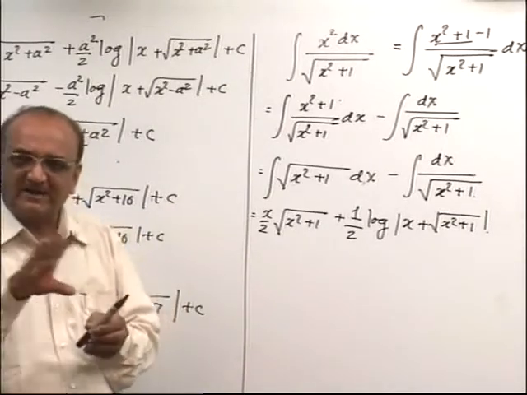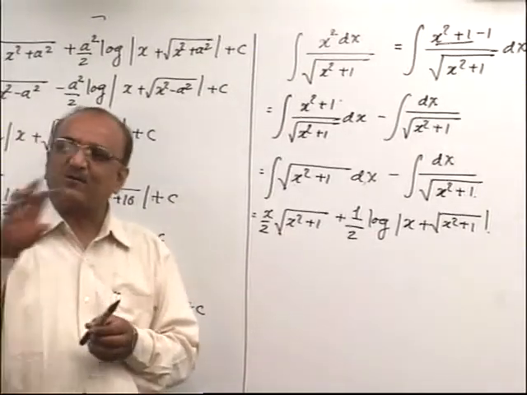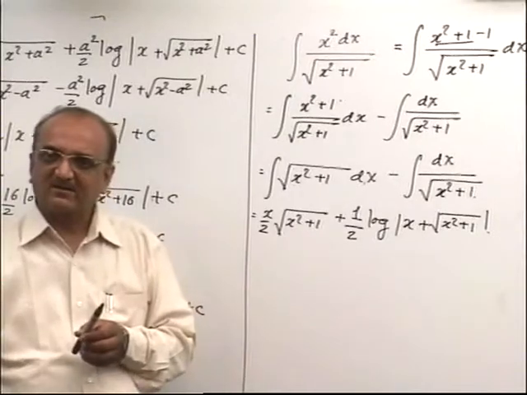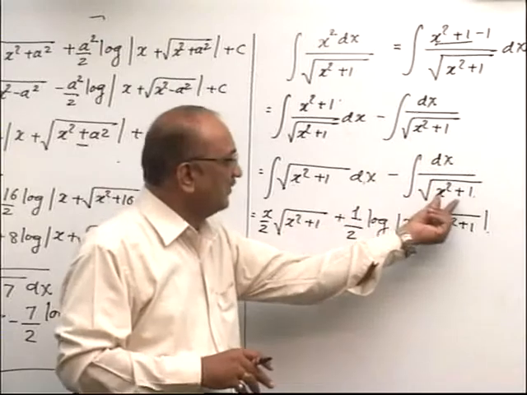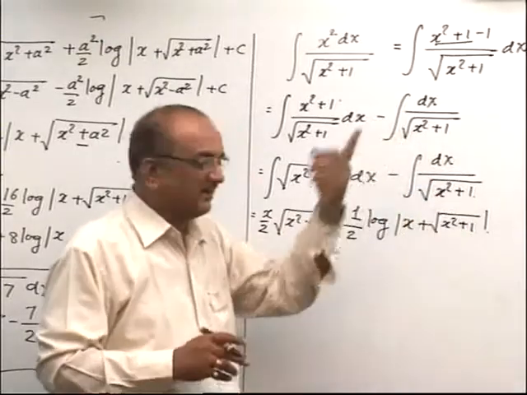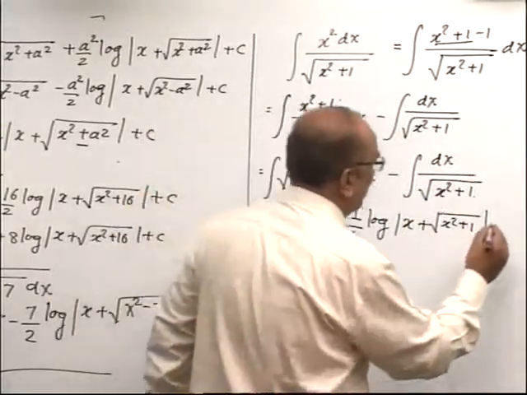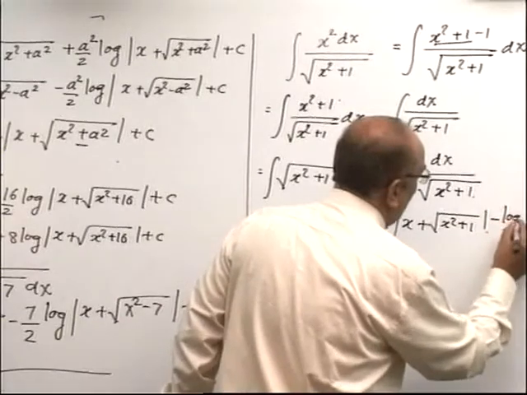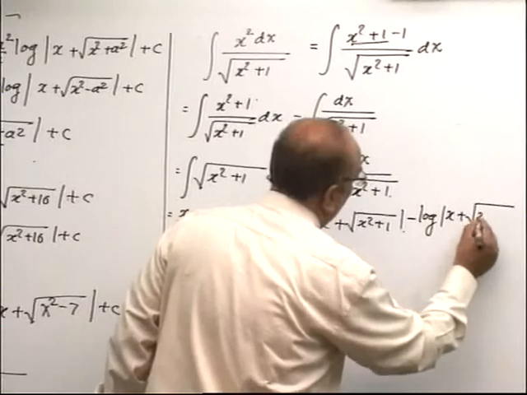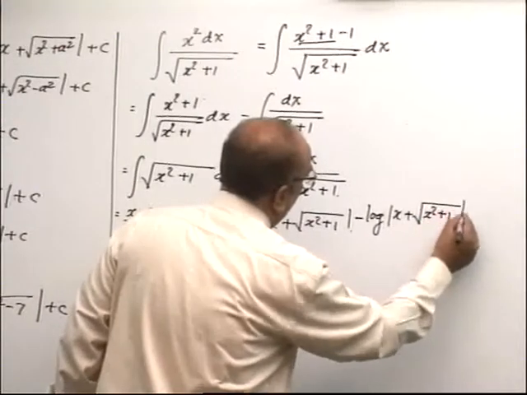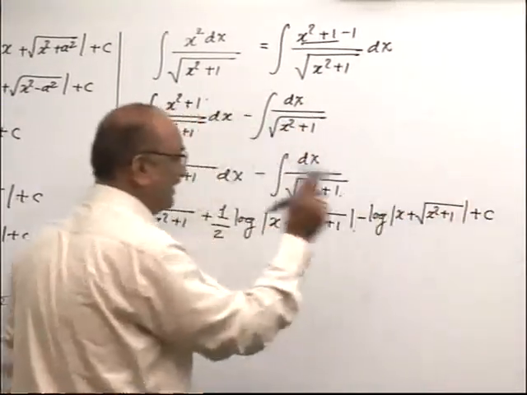You can write down c at last after completion of the whole integration. Right? It is essential. Minus dx upon root x square plus a square means minus log of modulus x plus root x square plus 1. Plus c. You may write plus c at last.